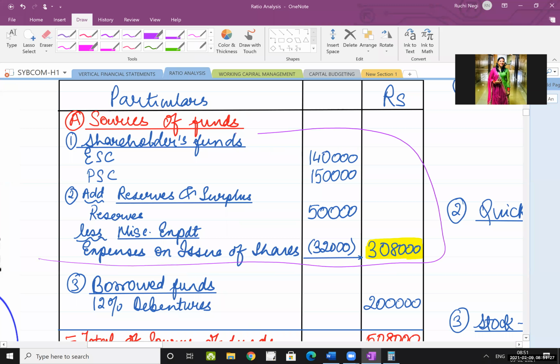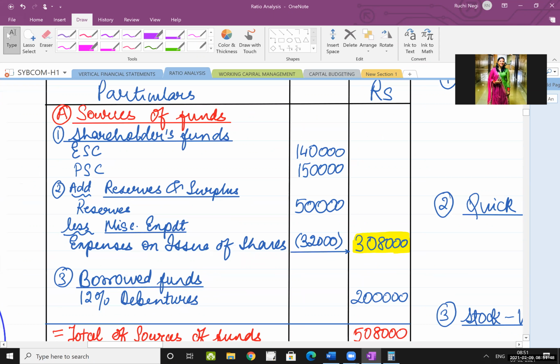This is the formula of proprietor's funds. ये मैंने आपको first chapter में भी बताया था. What is proprietor's fund? Shareholders funds and reserves and surplus less miscellaneous expenditure. So this 3,08,000 is my proprietor's funds. ये रहा. Okay, see 3,08,000.